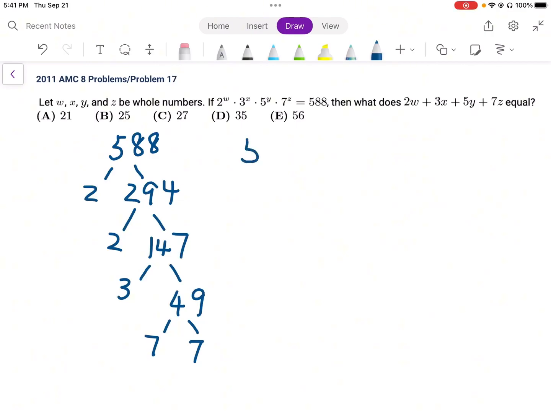Therefore, 588 equals 2 squared multiplied by 3 multiplied by 7 squared.